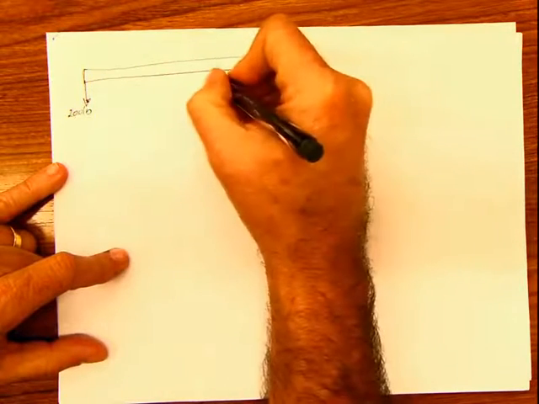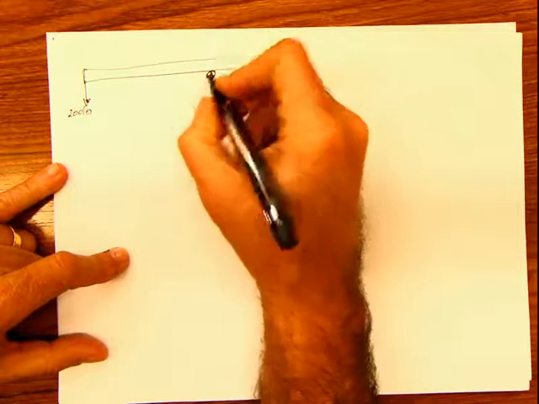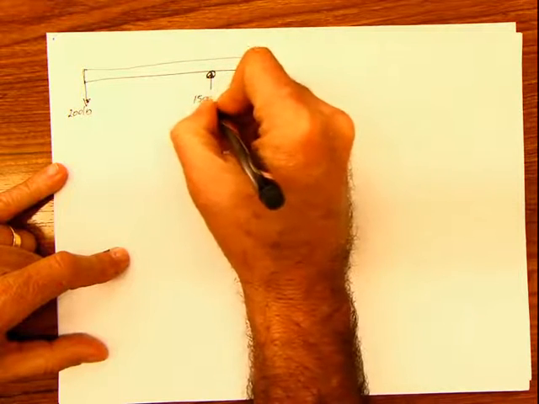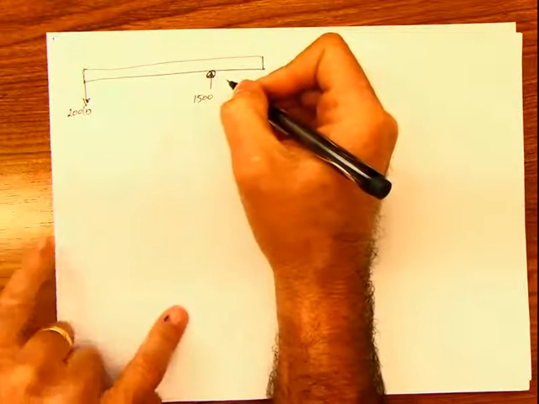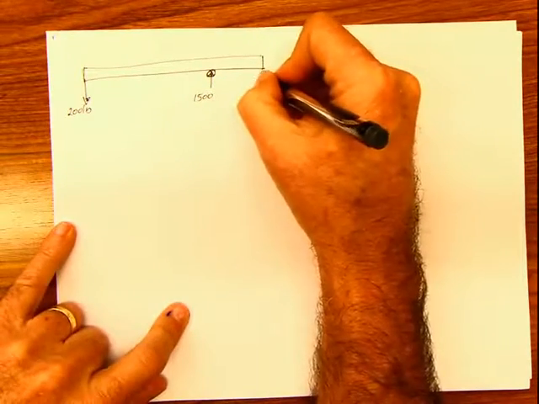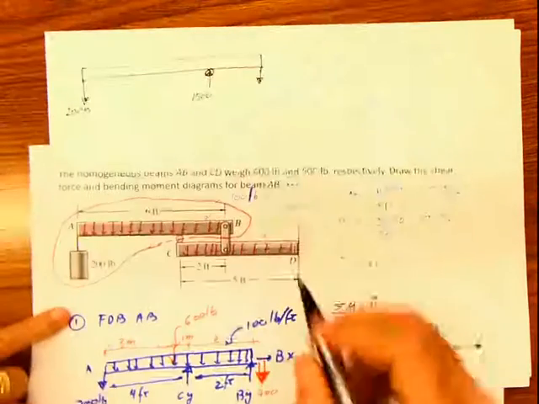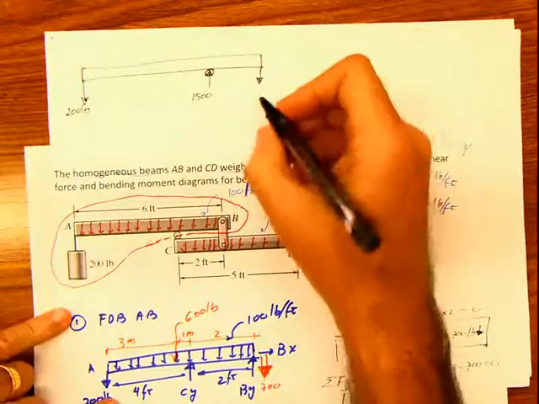This is the roller, which we calculated a force reaction of 1500 pounds in that direction. And we have the other reaction, remember, is coming in this way. That's why I'm putting it like that, 700.